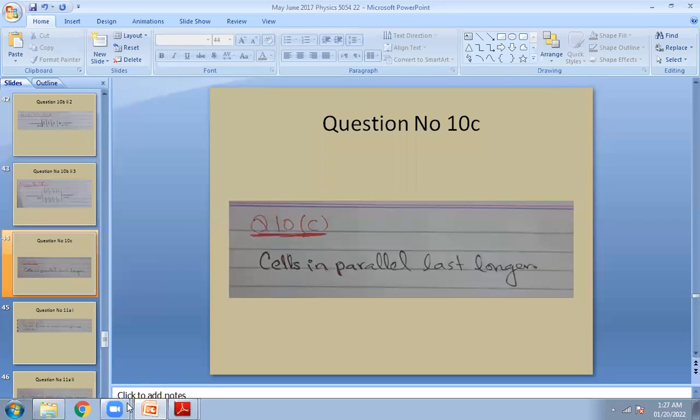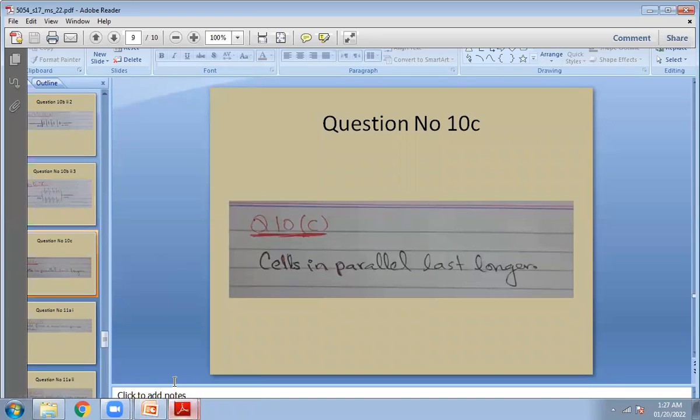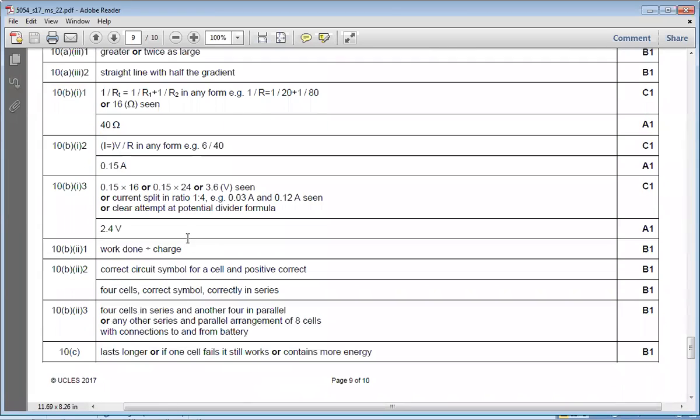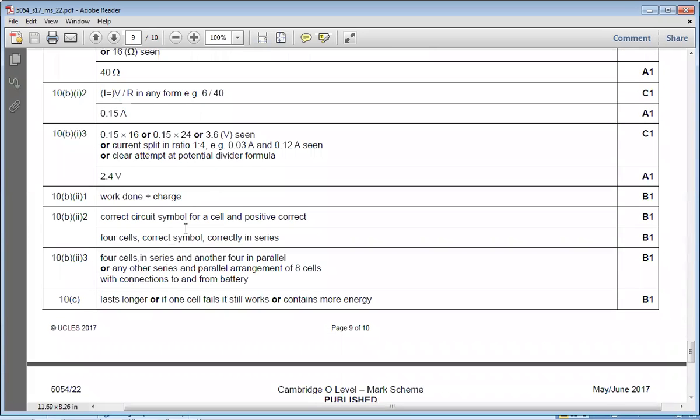So let's have a look at what the marking scheme says about question number 10 and its B part. Question number 10 and its B part is showing up on your screen, and the C part is also showing up on your screen. You can pause the video, take your time, and compare the answers which we have done with the answers shown here.